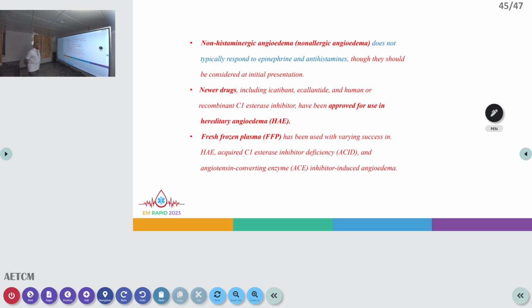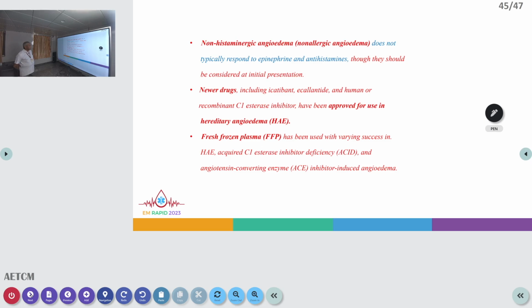Non-histaminergic angioedema does not typically respond to epinephrine and antihistamines, though they should be considered at initial presentation. Initially, we may not be able to differentiate whether it is anaphylactoid or anaphylaxis, so there is no harm in going for the treatment for anaphylaxis; the same drugs can be instituted.